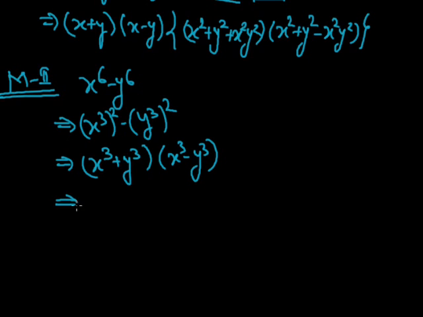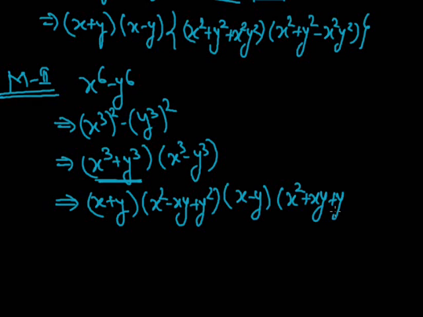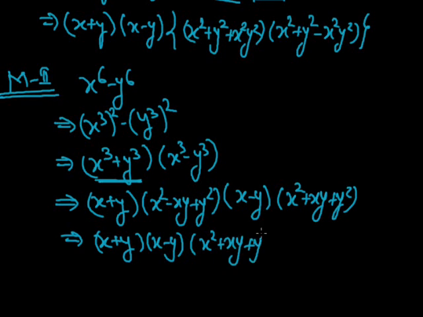Now we can solve both the terms: x cube plus y cube is given by (x plus y)(x square minus xy plus y square), and x cube minus y cube is (x minus y)(x square plus xy plus y square). So we will have finally (x plus y)(x minus y)(x square plus xy plus y square)(x square minus xy plus y square).